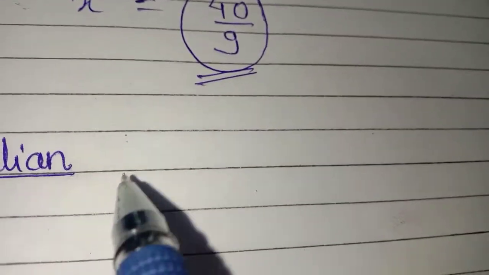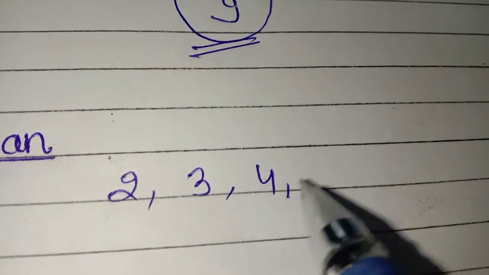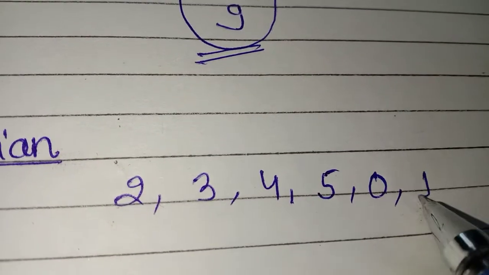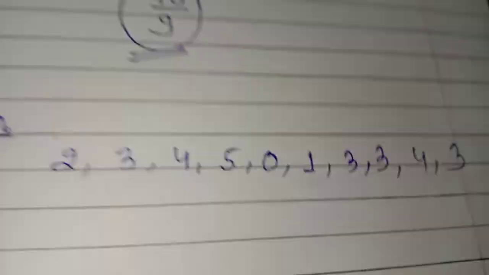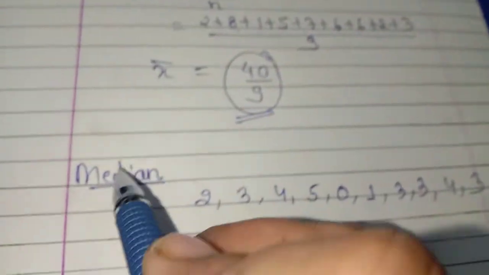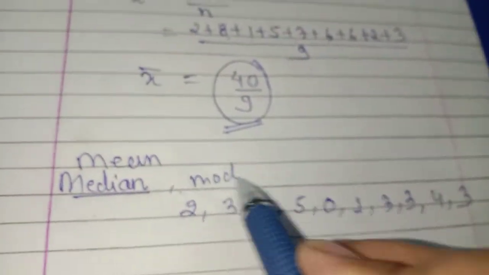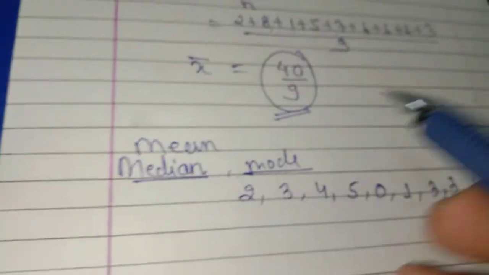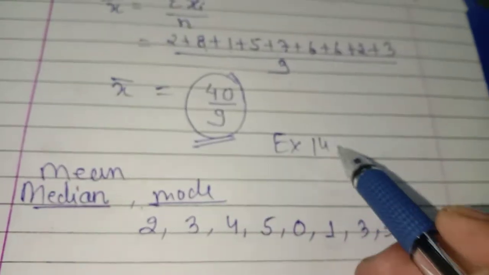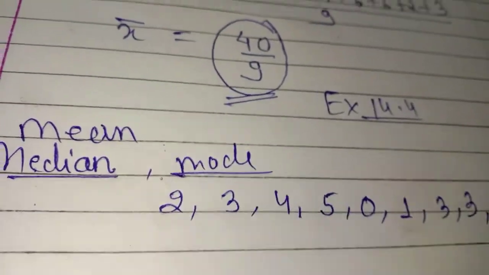Suppose we have given 2, 3, 4, 5, 0, 1, 3, 3, 4 and 3. Now let's find out median, mean and mode for this particular given observation. This is Exercise 14.4, first question. We have to find all mean, median and mode.